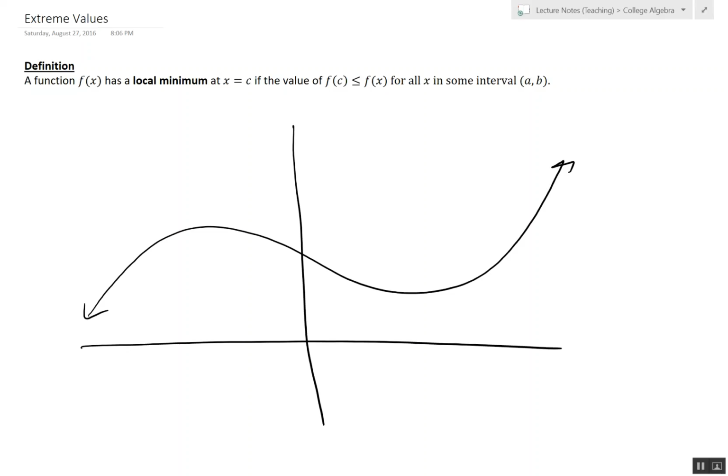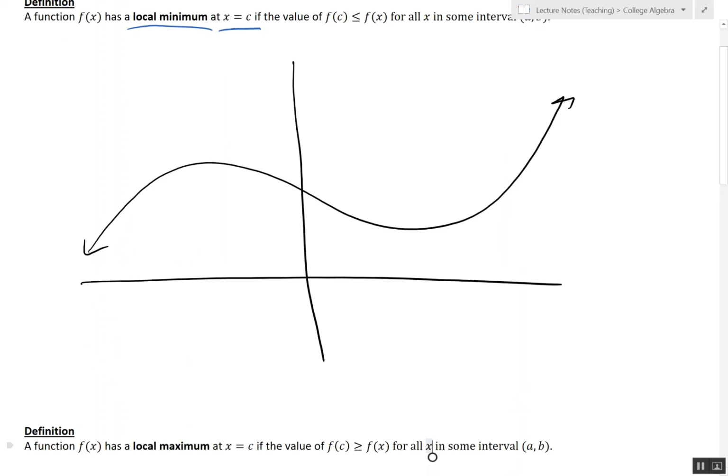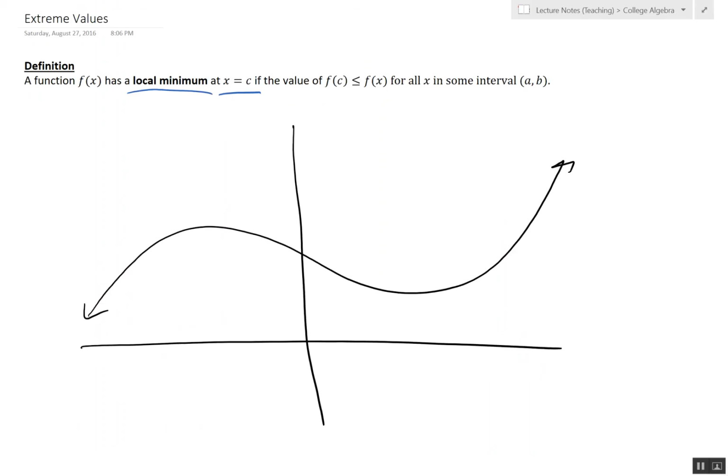So let's talk first about local minimums. A function has a local minimum at some location x equals c. Again, you want to think about the person walking on the hill, and the x coordinates give you locations.